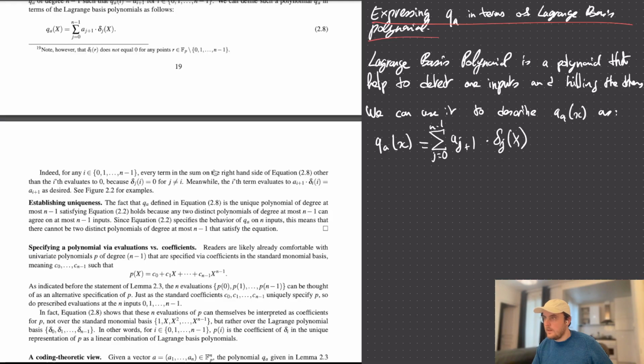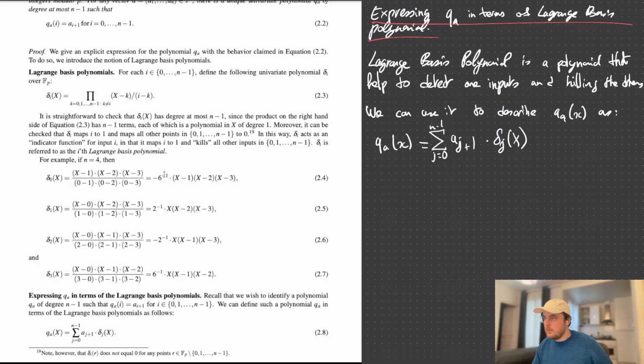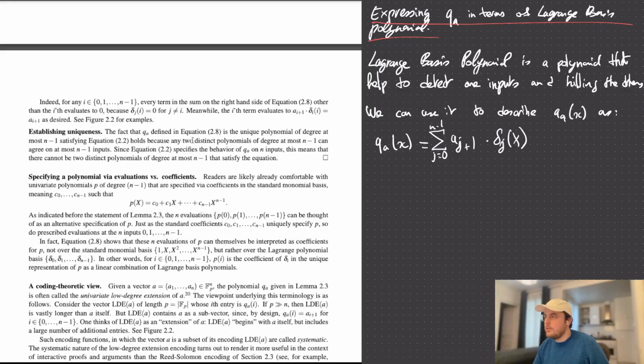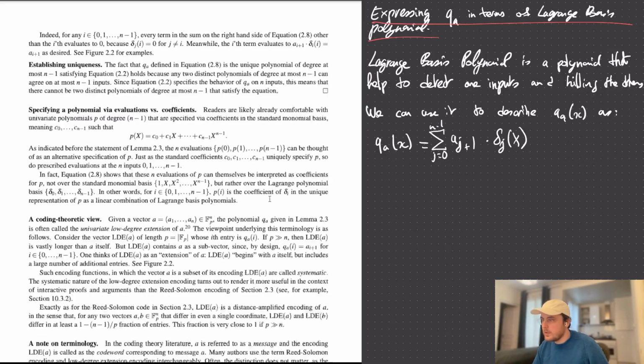Okay, this works, so if I do this, there is a unique univariate Q_A. Okay, unique, establishing uniqueness. Since the equation specifies the behavior of Q_A on n inputs, this means that there cannot be two distinct polynomials of degree n minus 1 that satisfy the equation. I'm not sure, but it's like a proof thing, so I can just skip it.